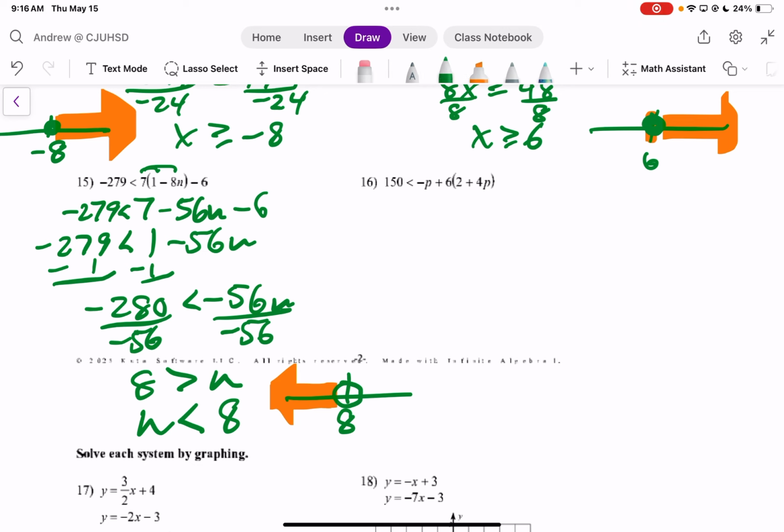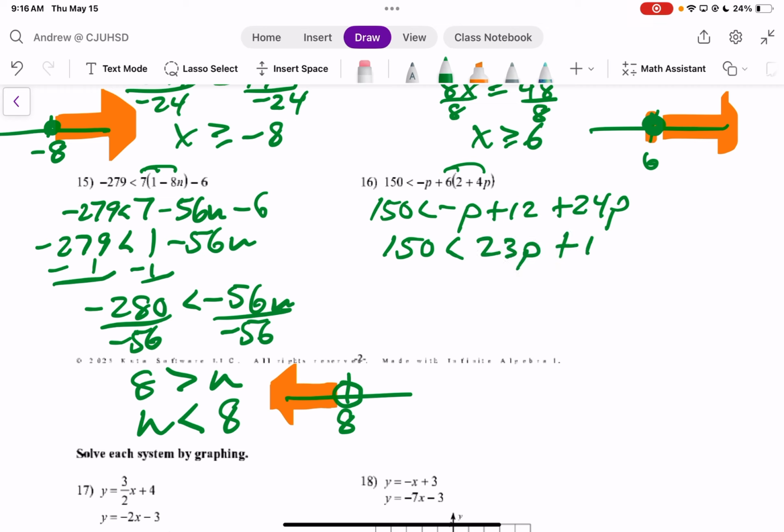Okay, last one. Just about as complicated, so we're going to distribute. So that would be 12 plus 24p. I can combine like terms. I have negative p, I have 24p, so that'll be 23p. I'm going to take away 12. And that would be, let's see, 138.